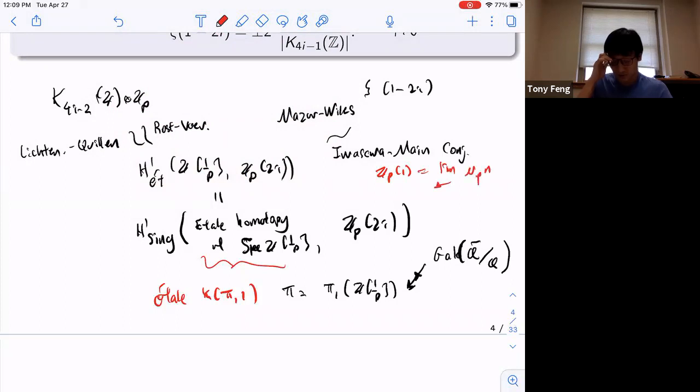So that's a group which is isomorphic to Z_p, but the action of the Galois group is twisted. The action of the Galois group is through its action by permutation on roots of unity. And then Z_p(i) would be Z_p(1) tensor to the ith power, where if there's a negative number appearing, I interpret it as a dual.